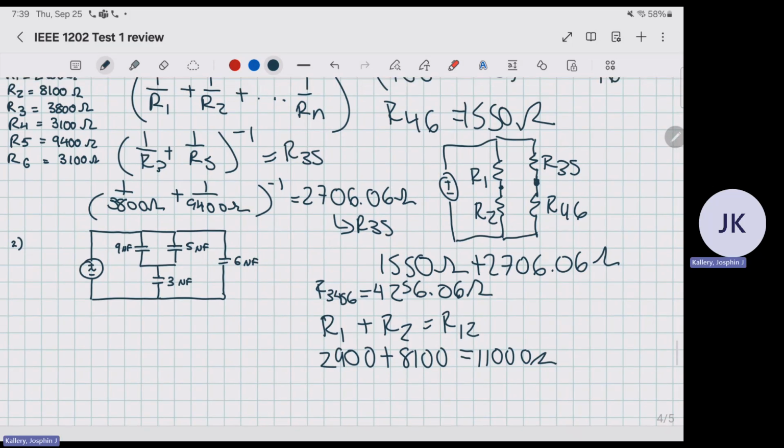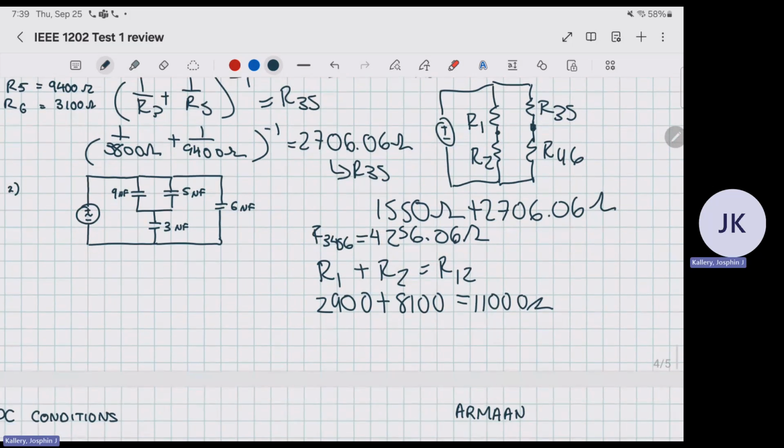Okay, so now we should have something that looks like this, and then another one that looks like this. This is R3456, and this is R12.